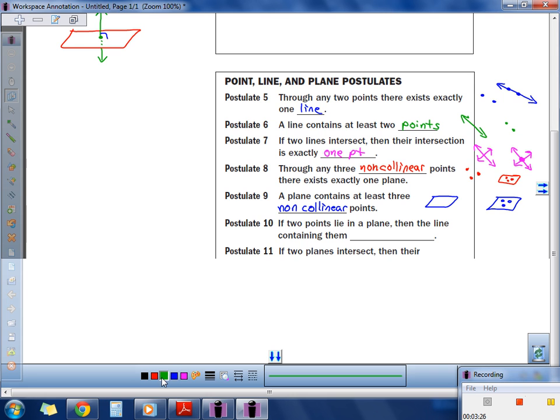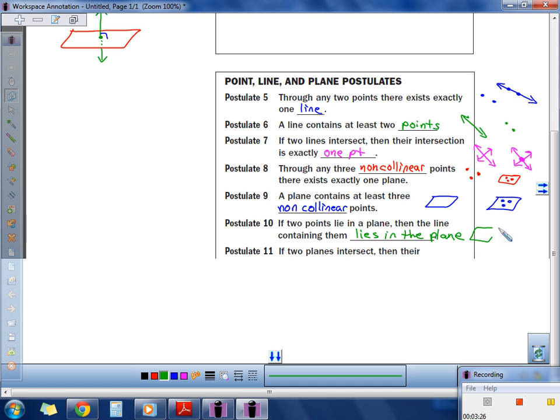Postulate number 10. If 2 points lie in a plane, then the line containing them lies in the plane. So, what should I draw first on postulate 10? 2 points on a plane, in a plane.